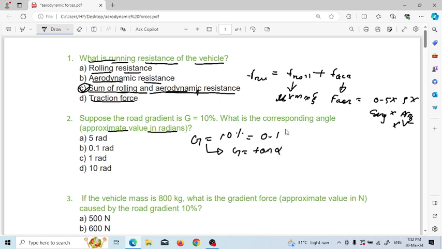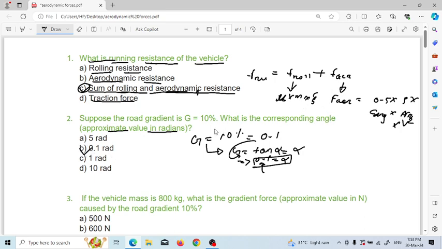For a small angle, tan alpha is equal to alpha. So G equal to 0.1 is equal to alpha. So the angle is 0.1 in radian. So option B will be the correct answer.